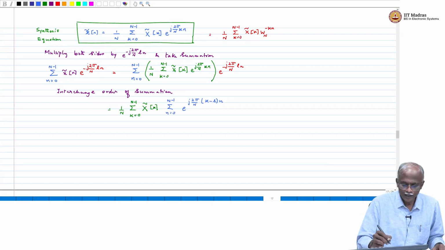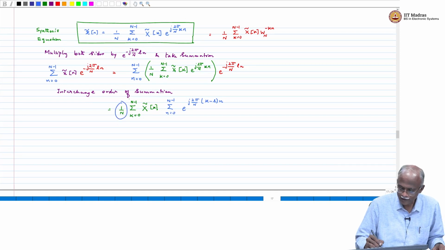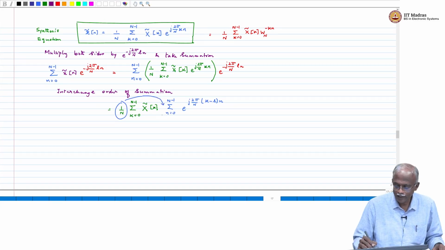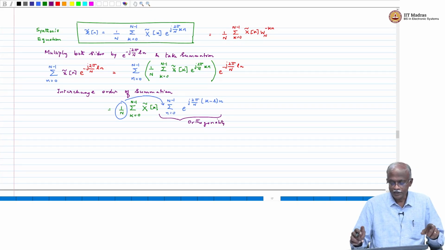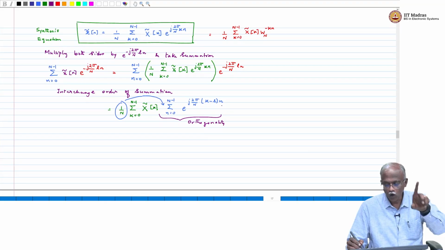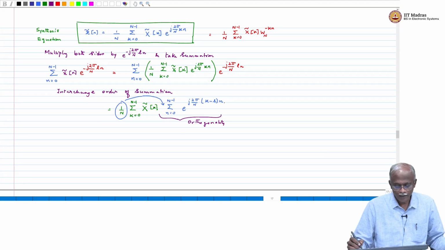Now take this 1 over N inside and verify that this is nothing but the principle of orthogonality. Using the orthogonality property, we see that this is equal to 1 only when k equals l.